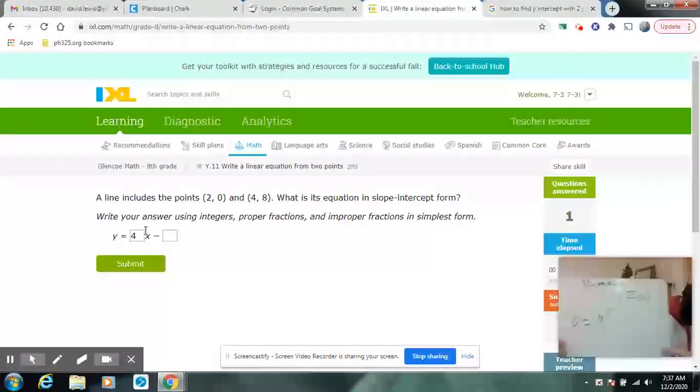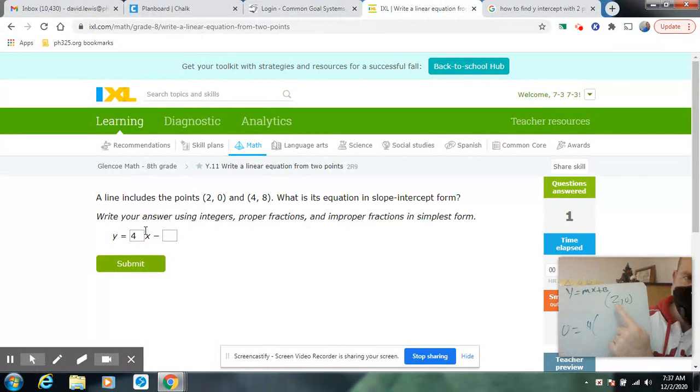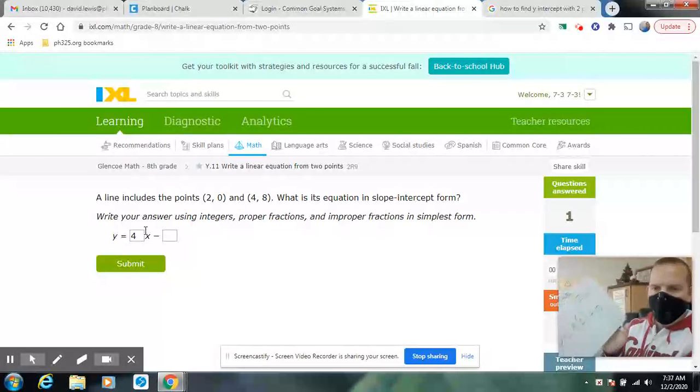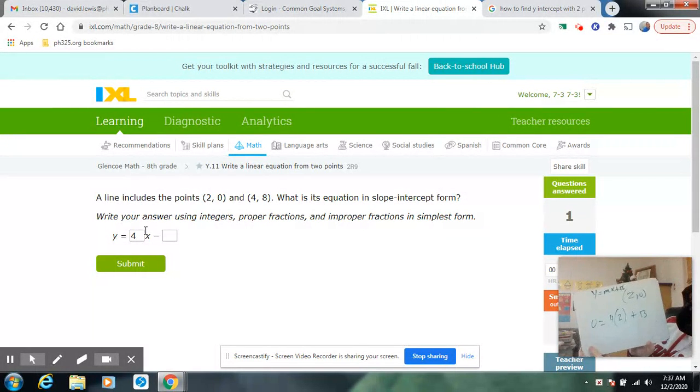Now what's my x that corresponds to that? 2, plus b. Now I need to solve that. So I have 0 equals 8 plus b. Again, I'm solving it for b, so I need to subtract 8, to get my answer of negative 8 equals b.